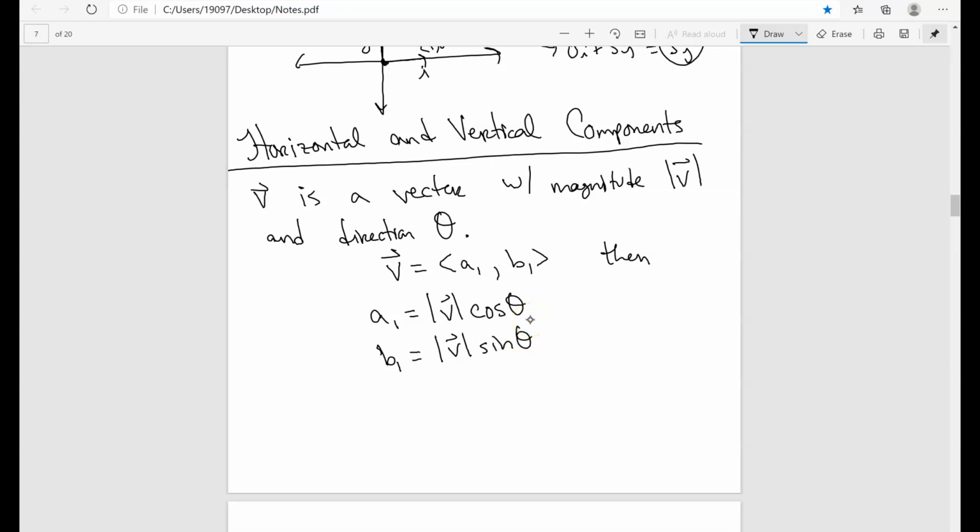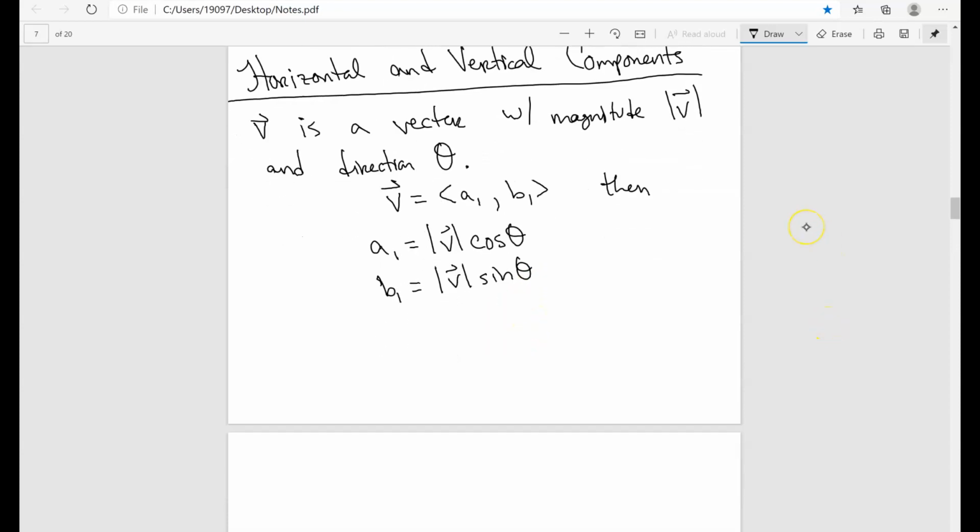So if you wanted to figure out the components, this is what it's going to be. You can think about it as the components of the vector v being equal to the absolute value, or the magnitude, times cosine and then sine.